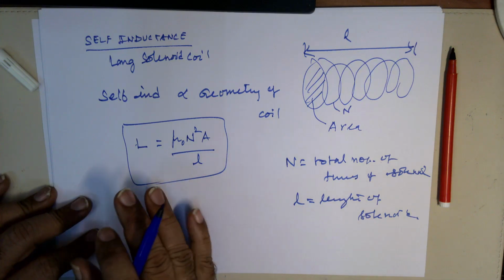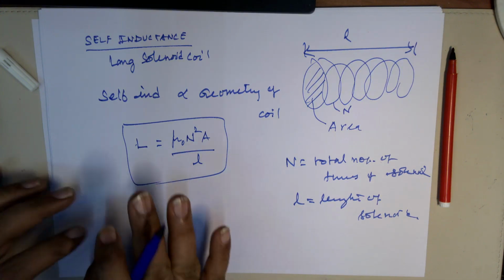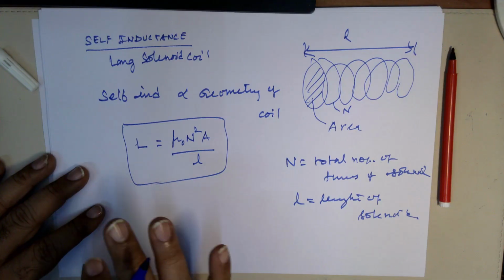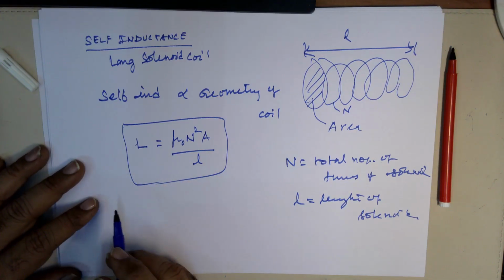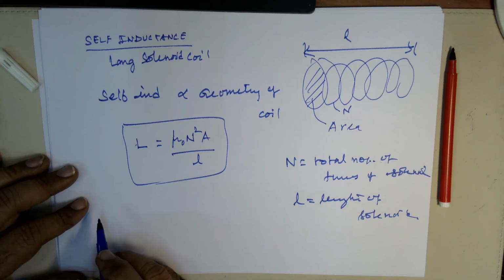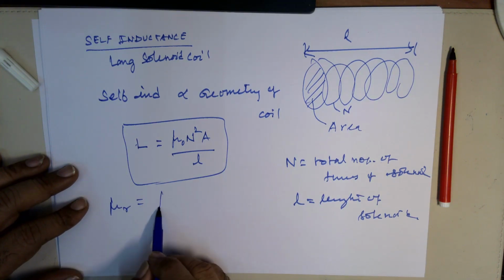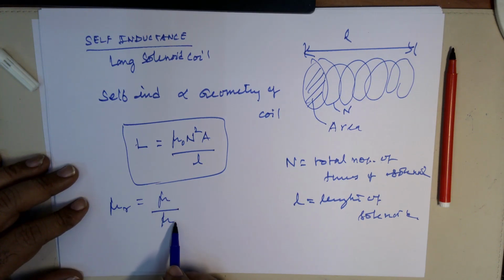So this is regarding the permeability. We talk about the permeability, and when we consider a particular material, then we can call it the permeability of that particular material. So you have to call it mu r, relative permeability. We know already mu r is equal to mu m divided by mu naught.